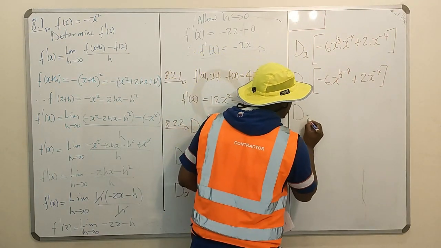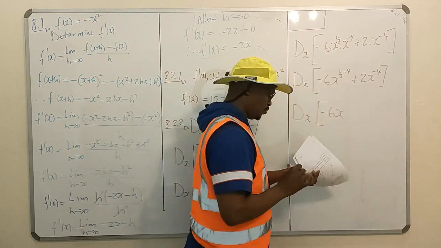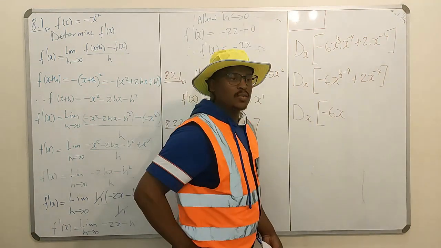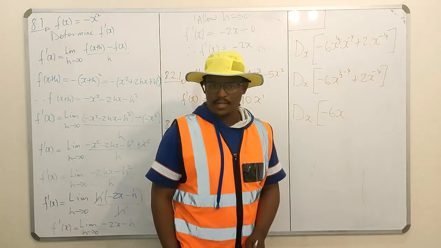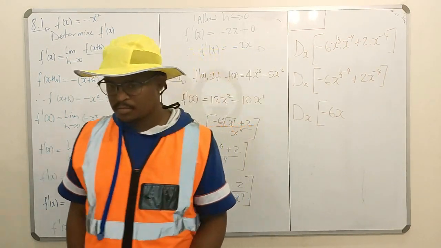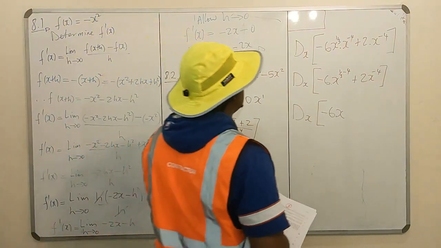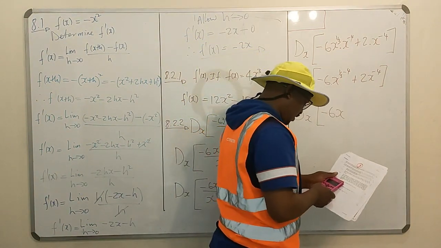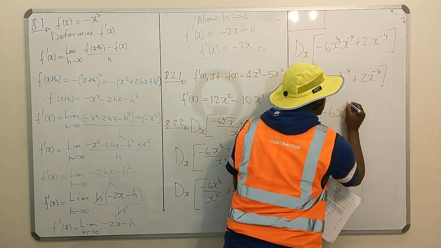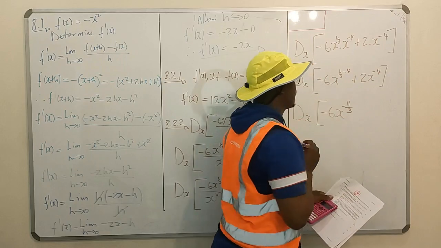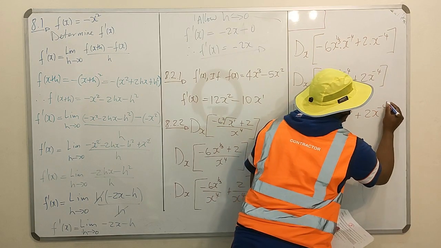Say, okay, the derivative with respect to x of minus 6x, then you add those two, 1 over 3 minus 4. Seems like I don't have my calculator. So 1 over 3 minus 4 is minus 11 over 3, right? Plus 2x raised negative 4.